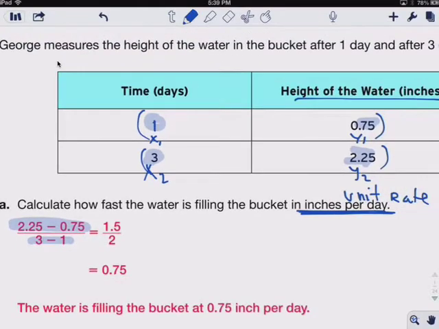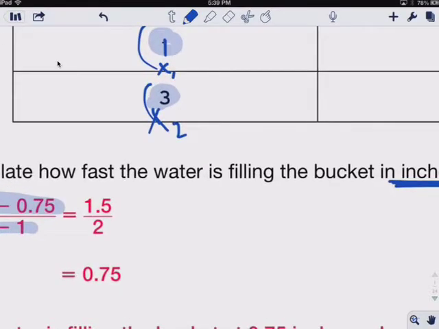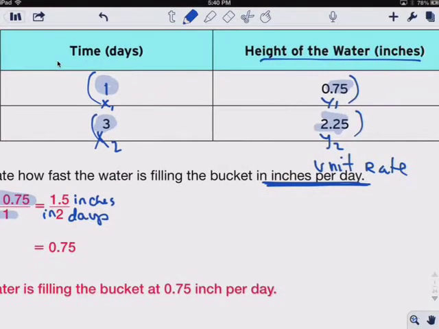That means 1.5 inches of water leaking in 2 days. That's what it means. But they don't want it in 2 days, they want it in 1 day. So you need to divide these two, 1.5 divided by 2 in your calculator, and you should get that as an answer.